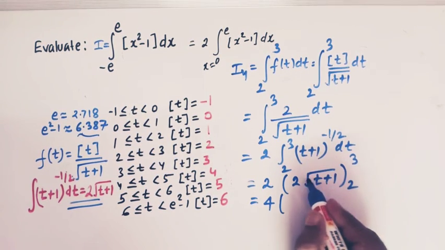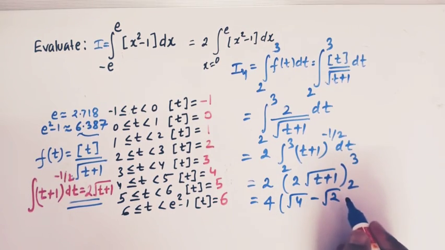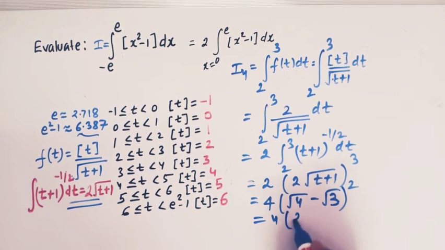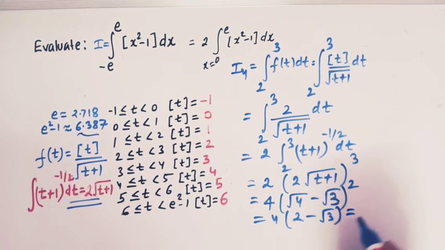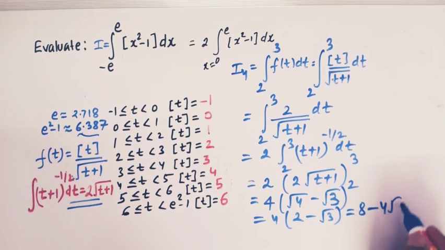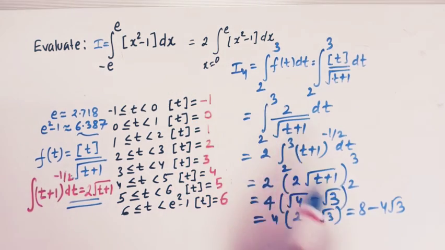So here we'll have square root of 4 minus square root of 2 plus 1, which is 3, and square root of 4 is 2, so this is 2 minus square root of 3. So this is 8 minus 4 times square root of 3, right? So the value of I4 is 8 minus 4 times square root of 3.